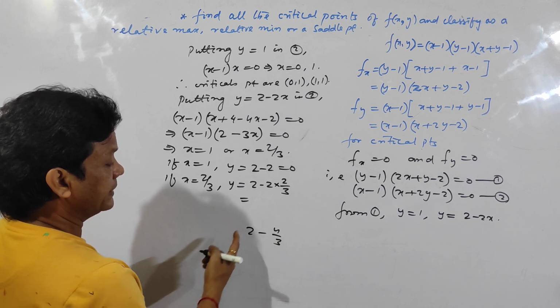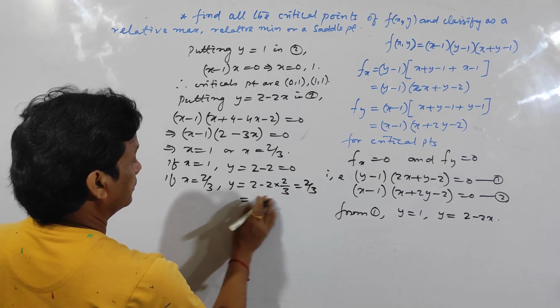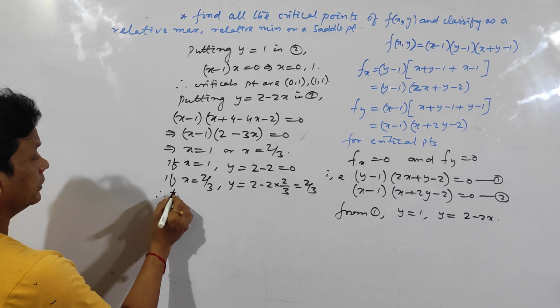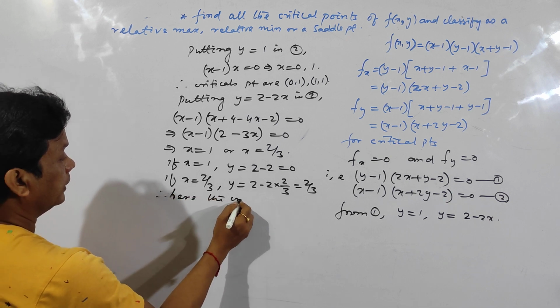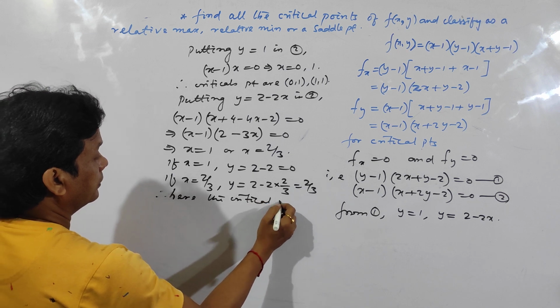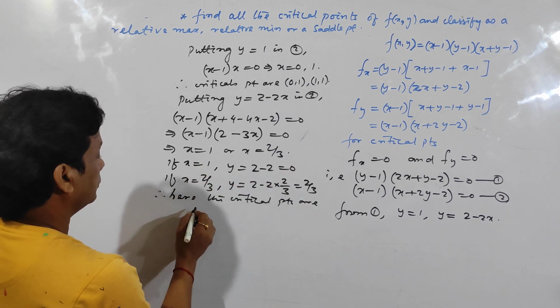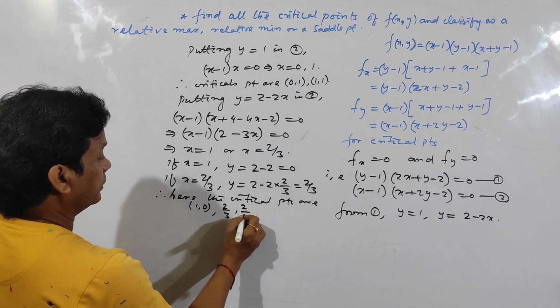So 3 to the 6, 6 minus 4, it is 2. So the answer is 2 by 3. Clear? Therefore, here the critical points are 1, 0 and 2 by 3, comma 2 by 3.